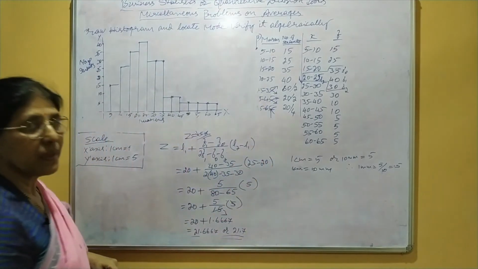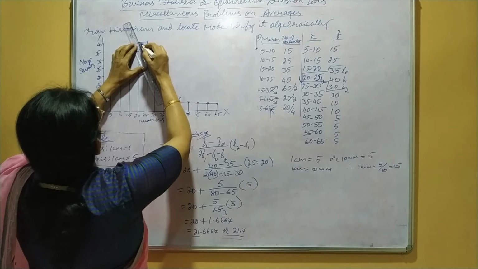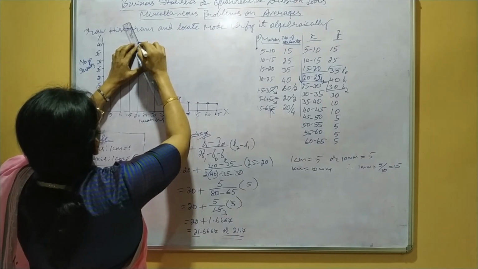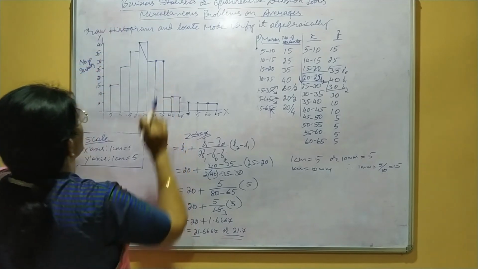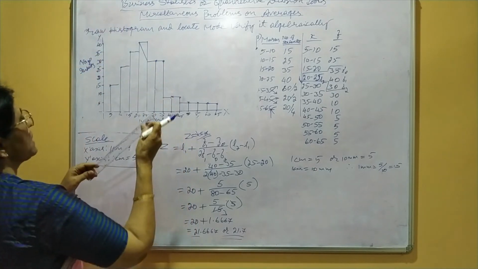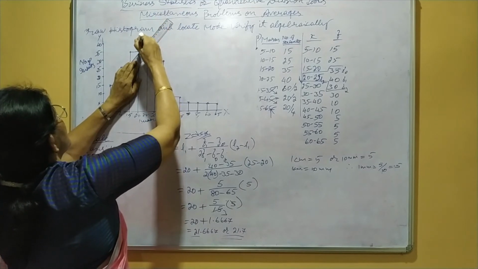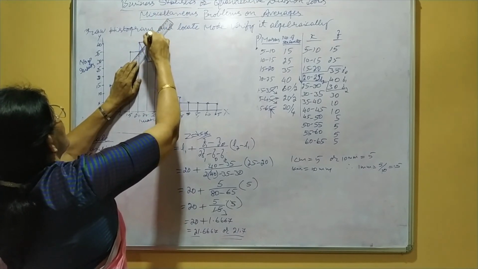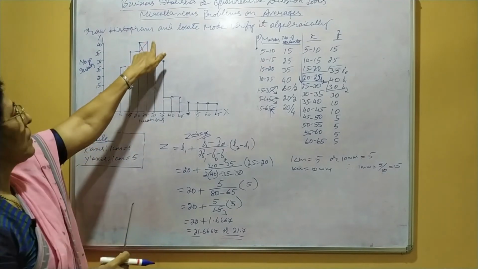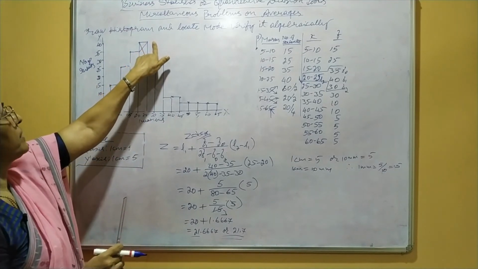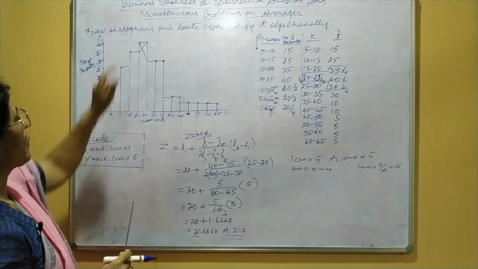Okay, now you have to join the upper left corner of the highest frequency rectangle to the right corner of the succeeding rectangle, and the right corner of the highest frequency rectangle with the preceding right corner.